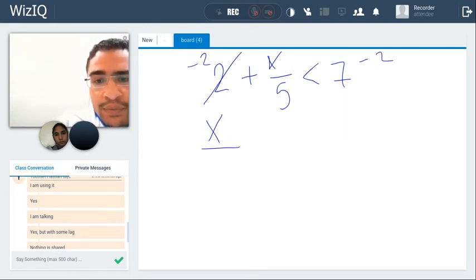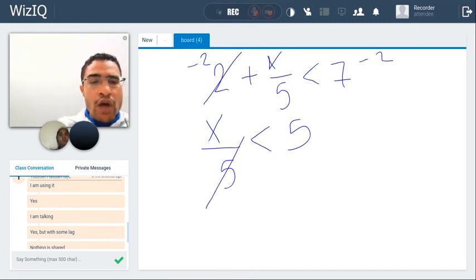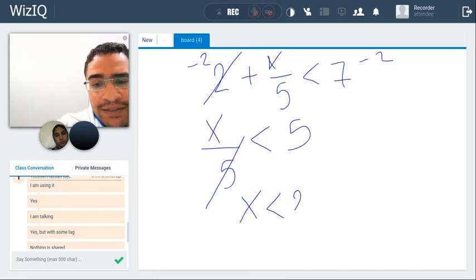So that would be x divided by 5 less than 5. In order to get rid of the denominator, I want the unknown variable x by itself, so I'm going to multiply both sides by 5. I end up with x less than 25.